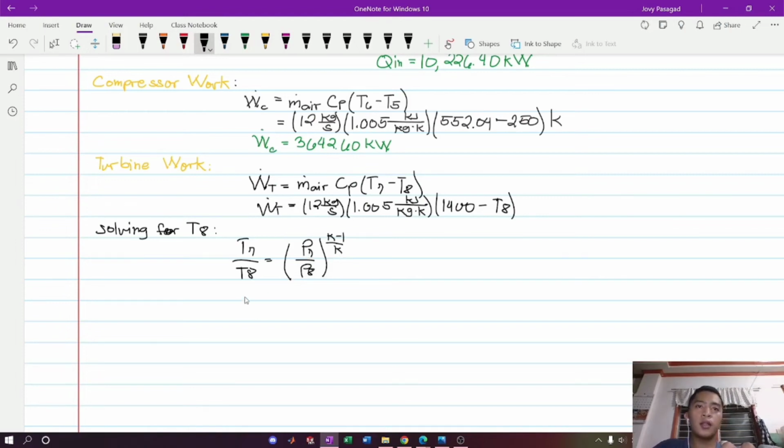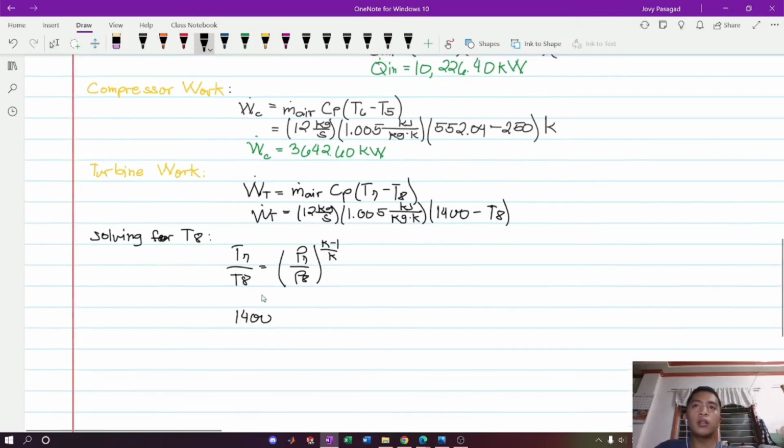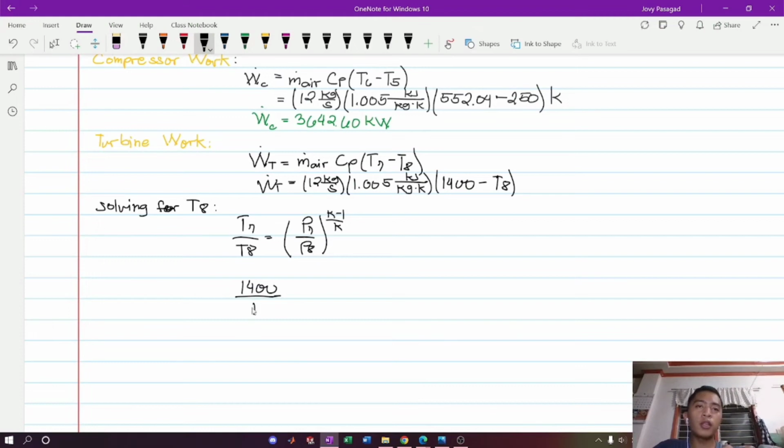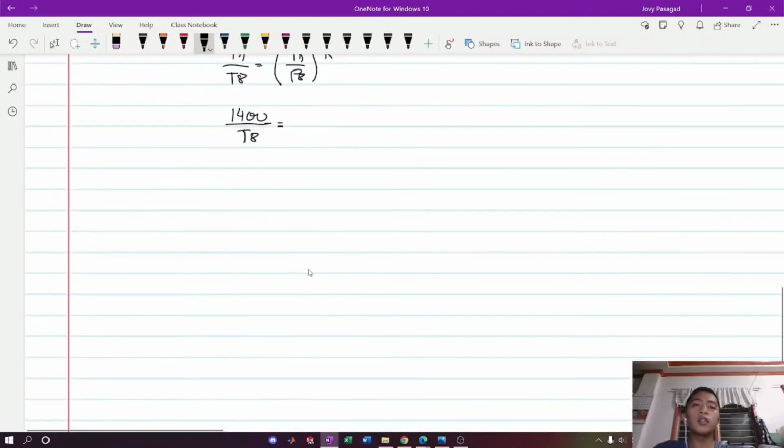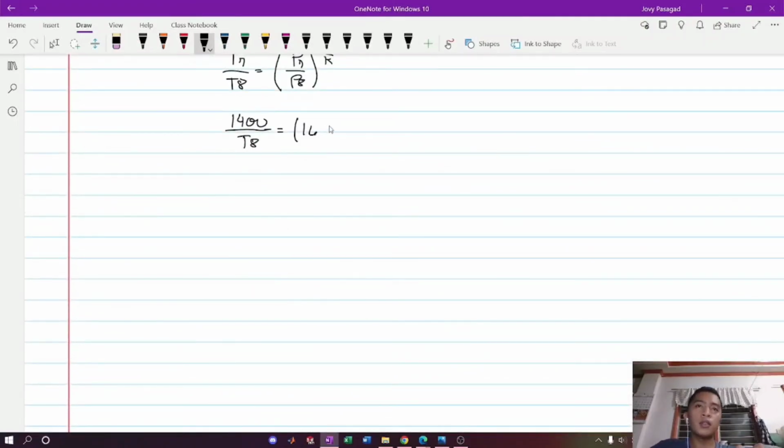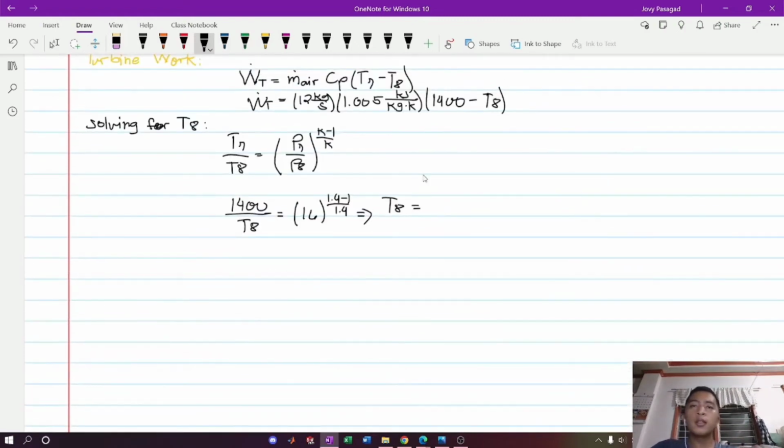Substituting values, 1,400 over T8 is equal to the pressure ratio P7 over P8, which is 16, to the power of (1.4 minus 1) over 1.4. So T8 is equal to 634.